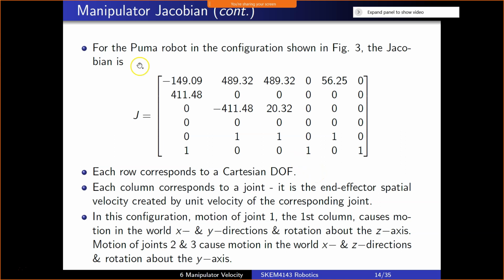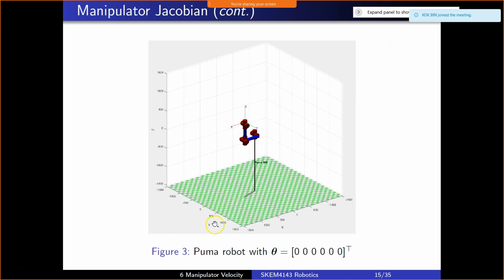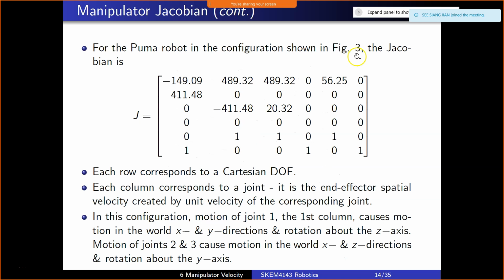Okay, so for the Puma robot in the configuration shown in figure 3, if we have all joint angles to be 0, this is how the robot will look. The Jacobian matrix is given by this. Each row corresponds to a Cartesian degree of freedom, or spatial degree of freedom, right?